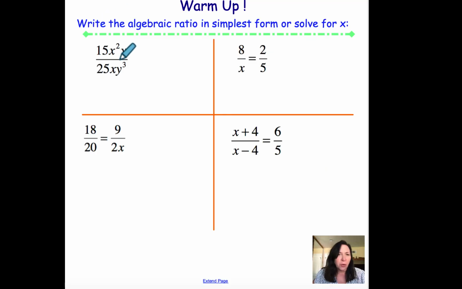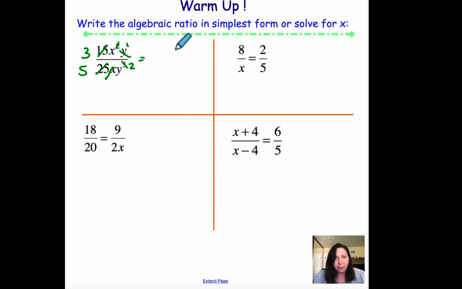We're going to start off with a warm-up, and this is just ratios. We're going to try to simplify this ratio. I would divide by 5 into both 15 and 25, leaving me 3 over 5. I would cancel one of my y's out here, and then I would have 2 left. One of my x's down here would cancel with one of those.